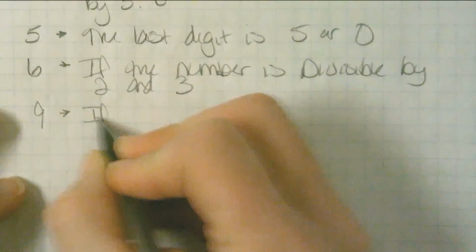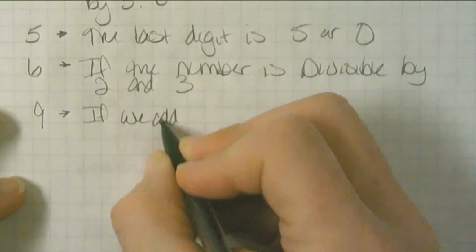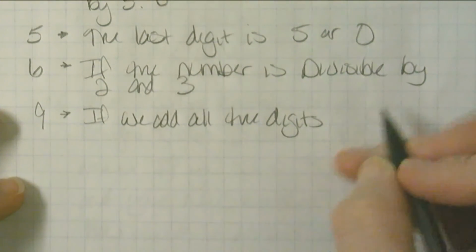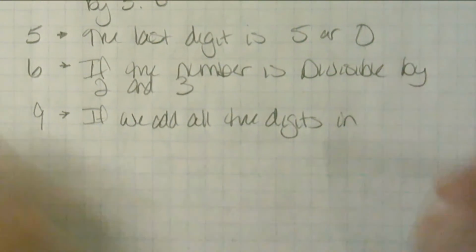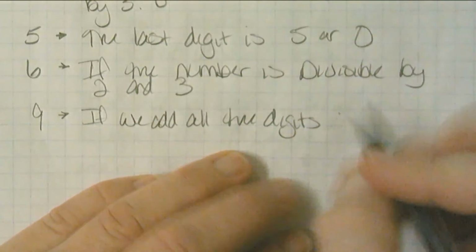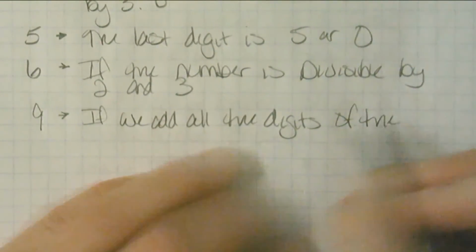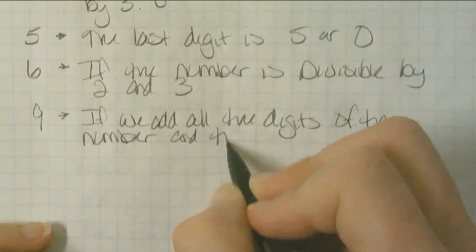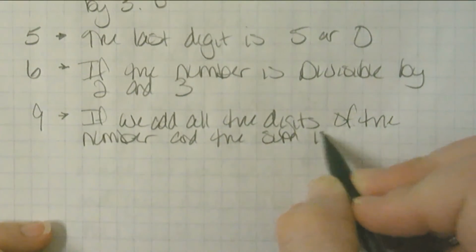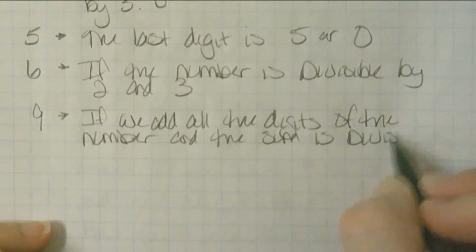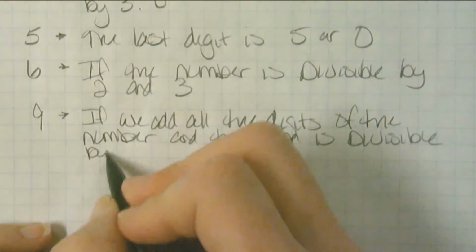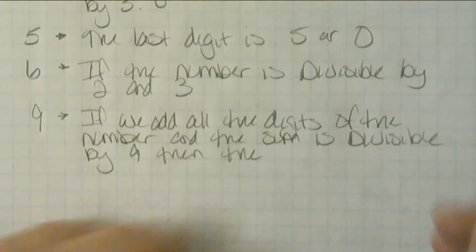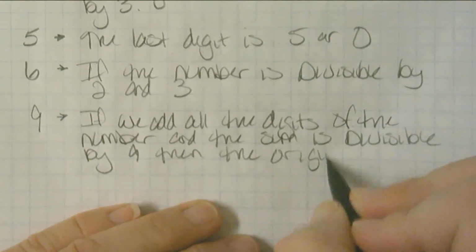So if we add all the digits of the number, and the sum is divisible by 9, then the original number is divisible by 9. You're all writing this down.